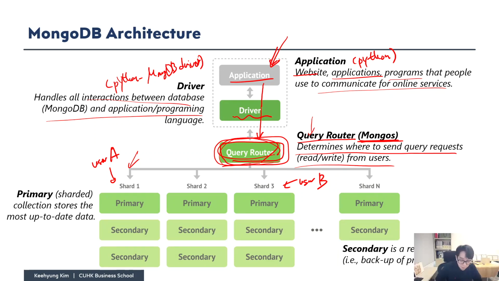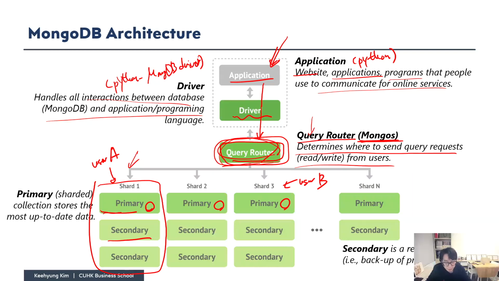And in shard 1, basically, in the earlier example, let's say that we have user information divided into 3 parts and stored in multiple shards. Then some part of the user information will be here, part will be here, part will be here. So it will be sharded across multiple servers. And then in each shard, we have a primary server and a secondary server.